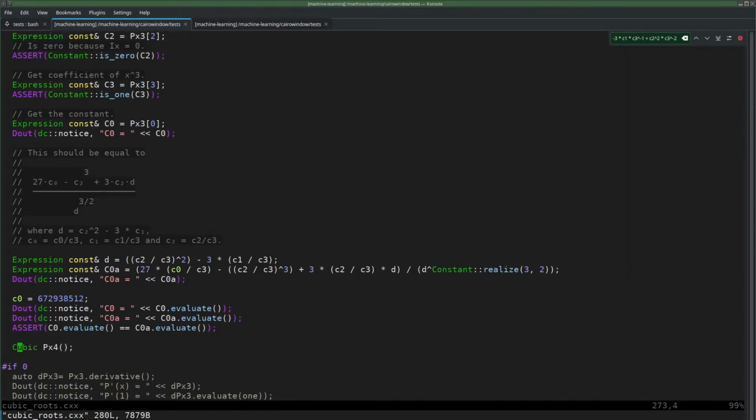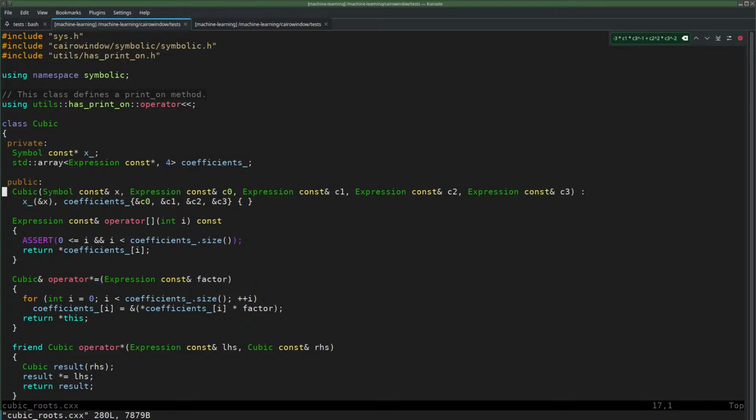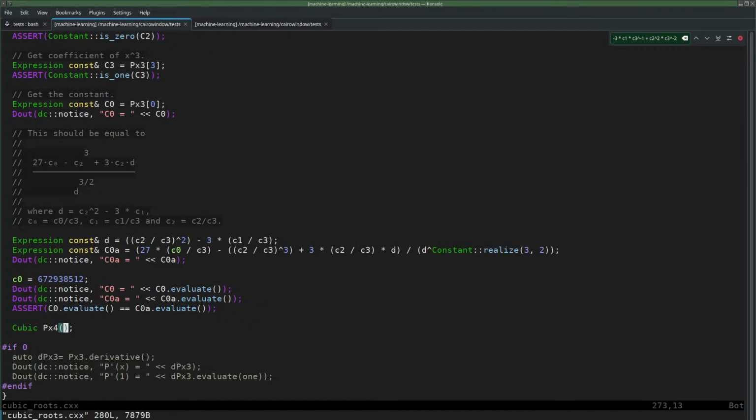Simply with the coefficients that we use here, which have to start with some symbol, but okay, x. And then the expressions, which now the favorite expressions is C0, and then C1, C2, and C3.